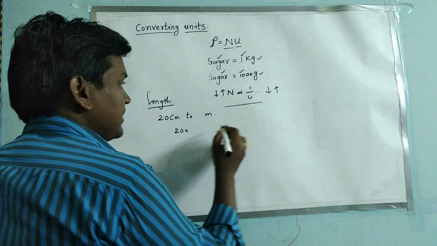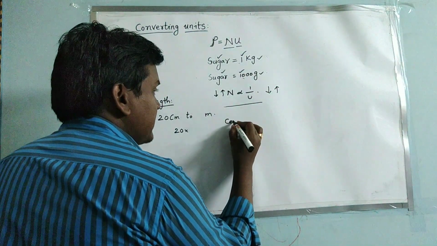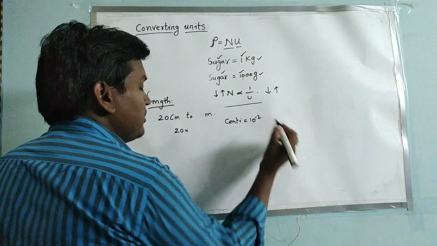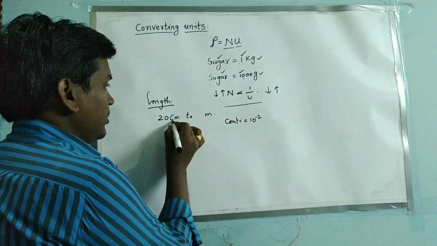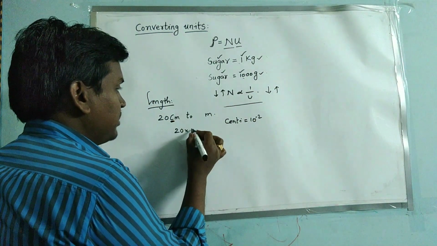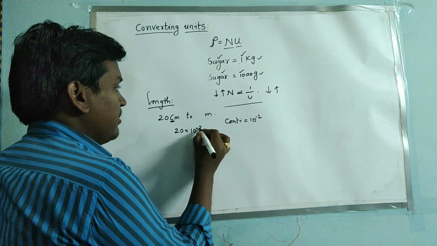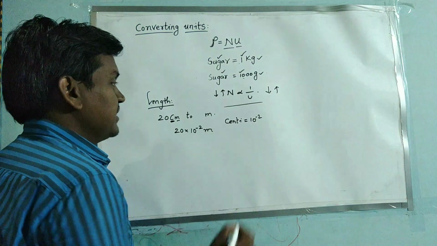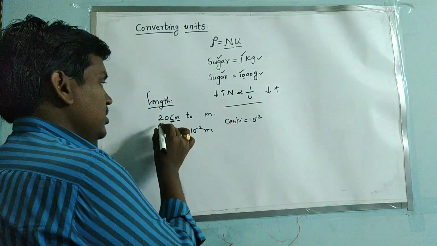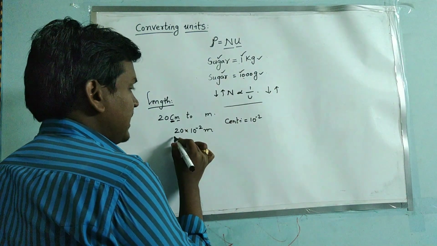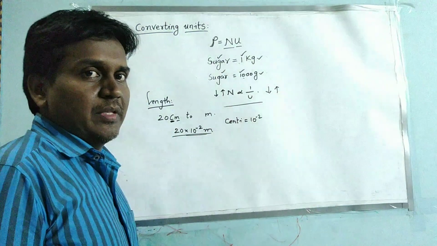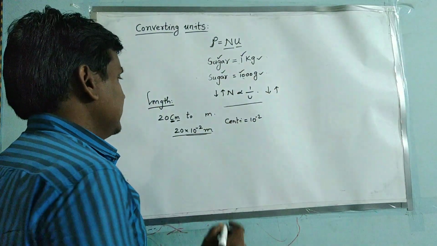In that, the centi value is 10 to the power of minus 2. So here this c can be represented as 10 to the power of minus 2, and here there is meter again, so I am placing it as meter. So 20 centimeters can be written as 20 into 10 to the power of minus 2 meter. So this is a very simple conversion.